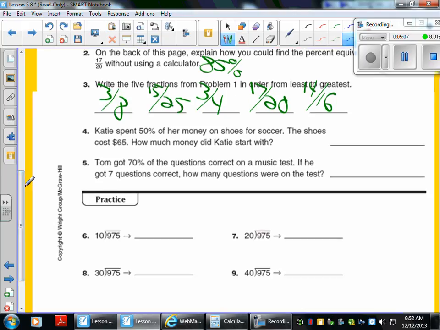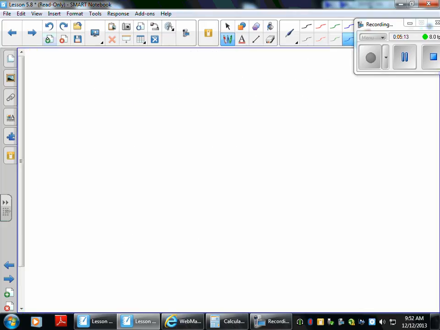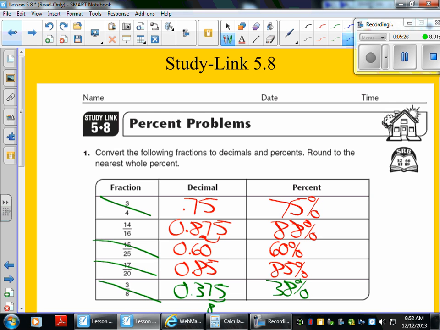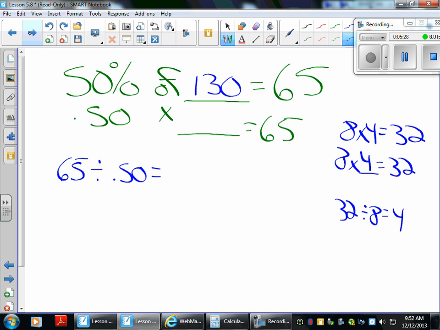Tom got 70% of the questions correct on the music test. If he got 7 questions correct, how many questions were on the test? Well, he got 70% of we don't know how many questions on the test, and he got 7 of them right. Let's go back to before.